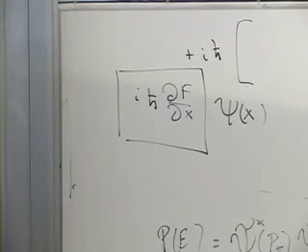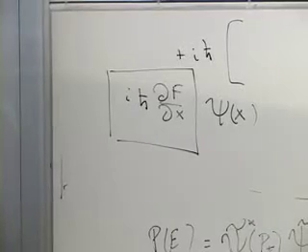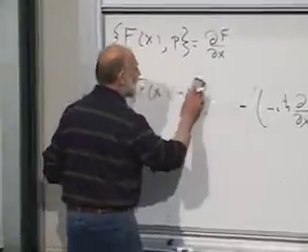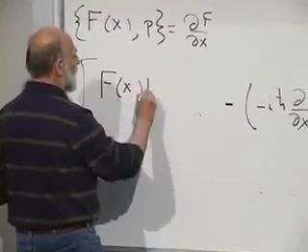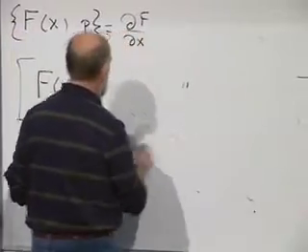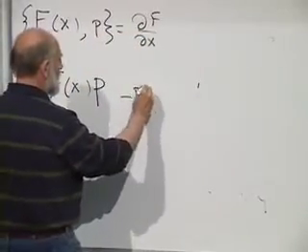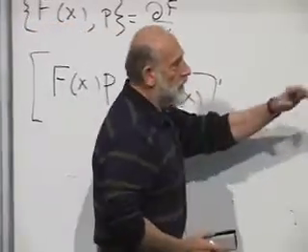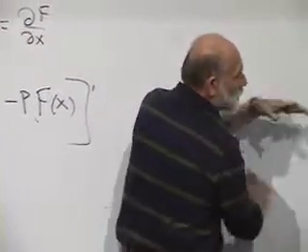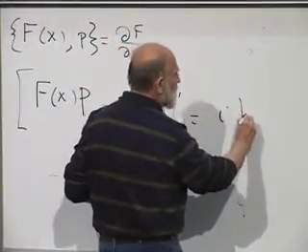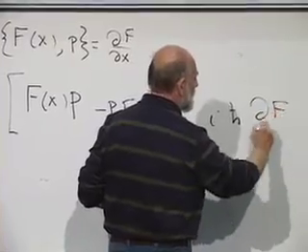So now I have a simple formula. The commutator of f with p, minus p times f, has exactly the same action as multiplying by I h bar df by dx.